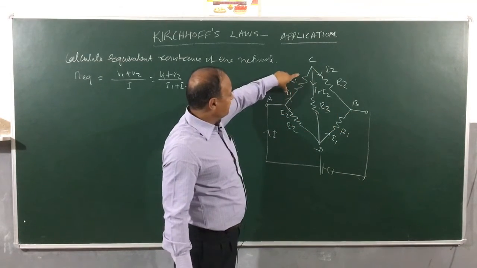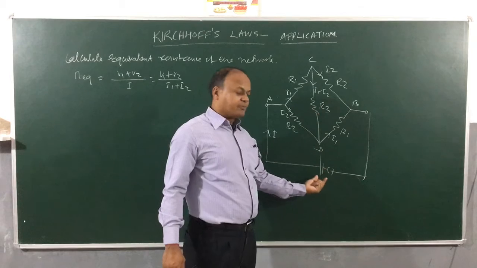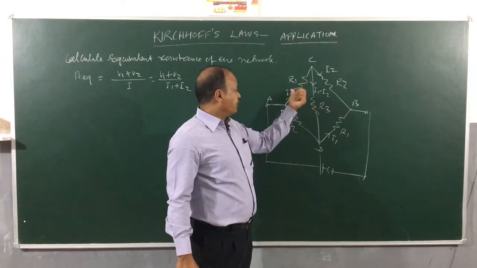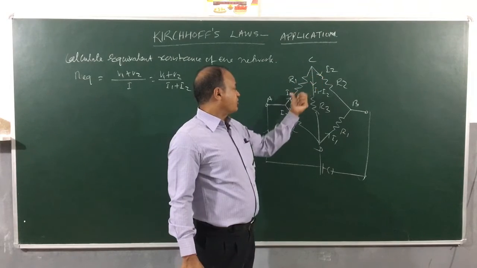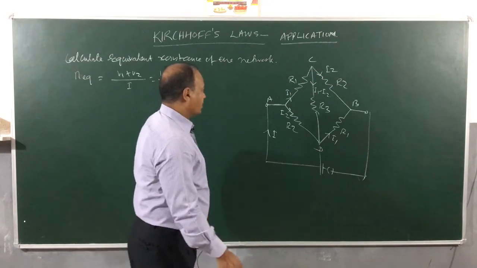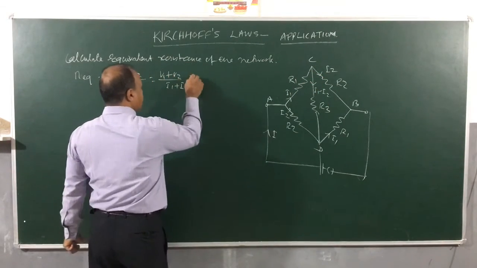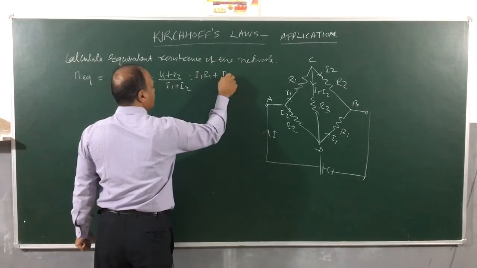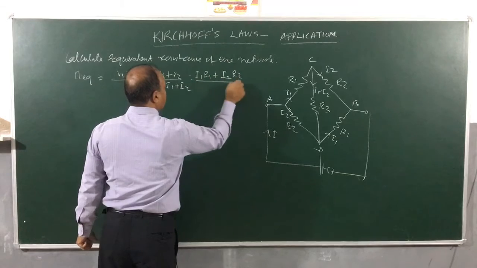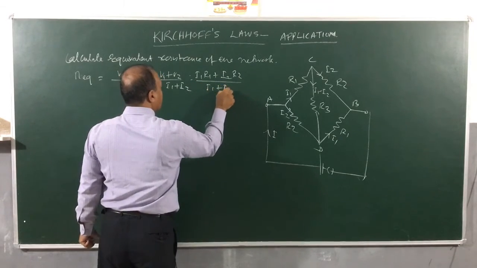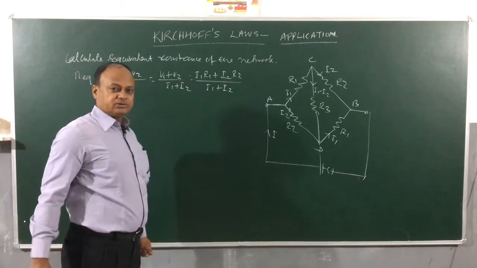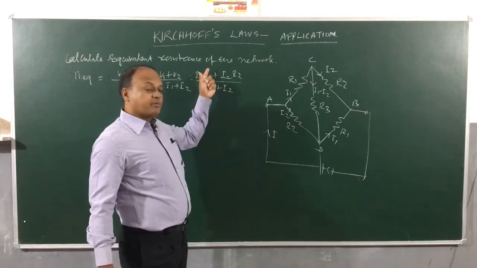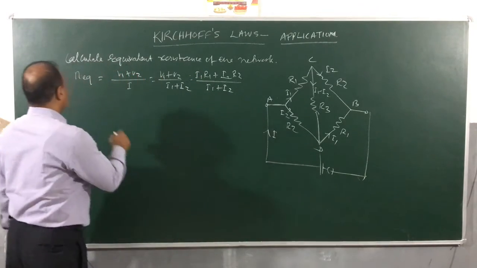If I have the potential difference here and here, that will be equal to the applied potential difference, right? So here potential difference across R1, I will be writing this as I1 R1, across R2, I2 R2, divided by I1 plus I2, right? Now I divide numerator and denominator by I2, then what do you get?